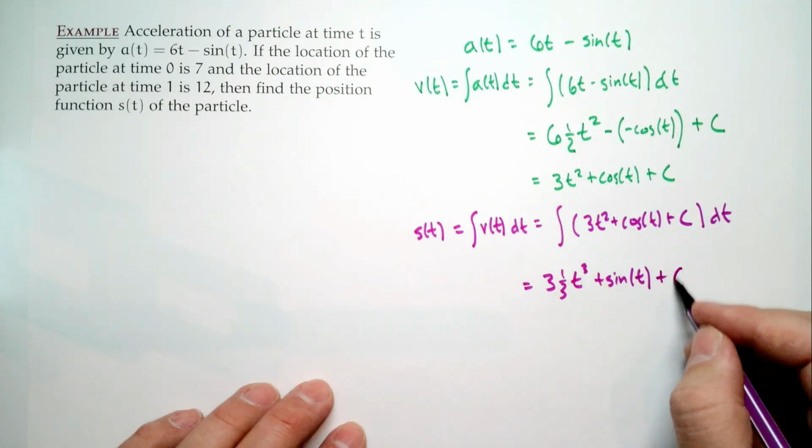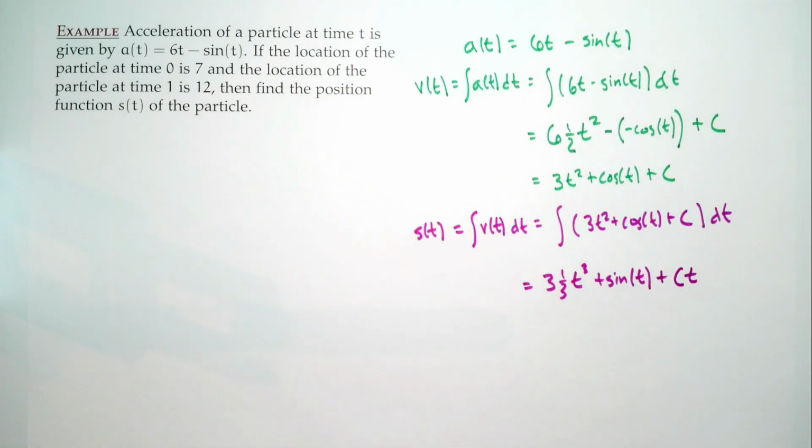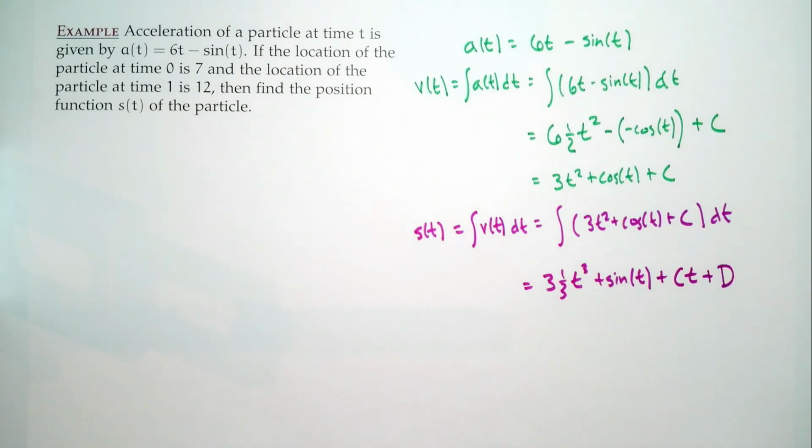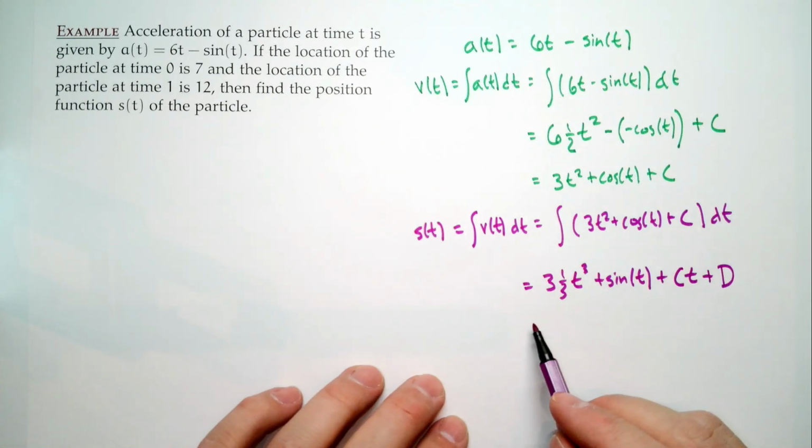It'll be plus c times t. Plus, what else do we need? Well, we already have c, so we choose another symbol. It doesn't really matter what symbol we choose, but oftentimes you work your way through the alphabet. So we'd have now 2 constants we don't know. We don't know what c is, we don't know what d is. So now we need 2 pieces of information in order for us to simplify this.